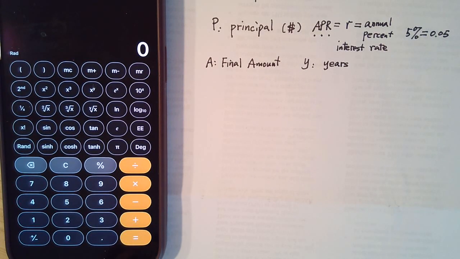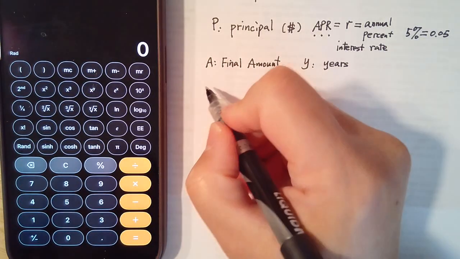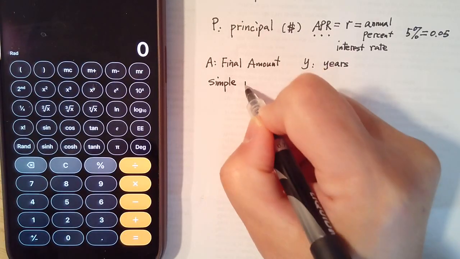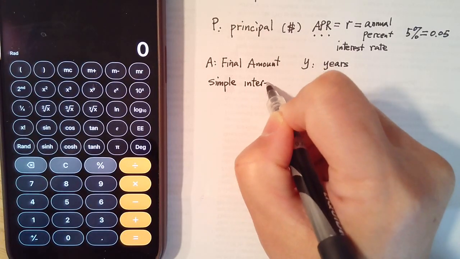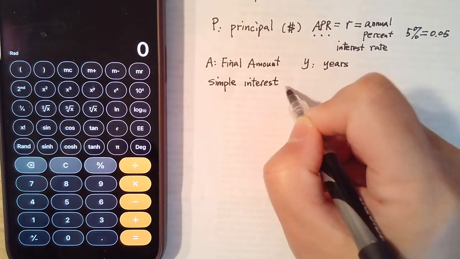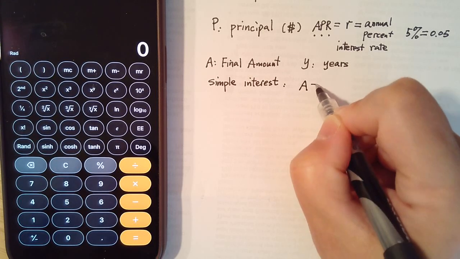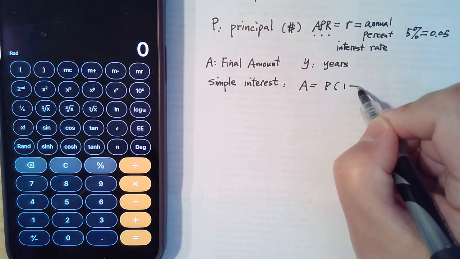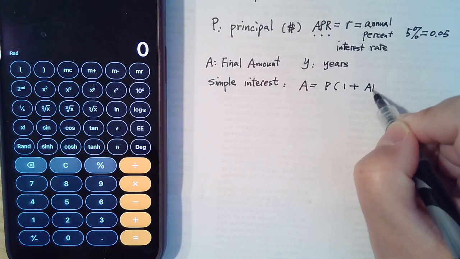Now, first, let's do something called simple interest. For simple interest, the formula is this: A equals P times 1 plus APR times Y.